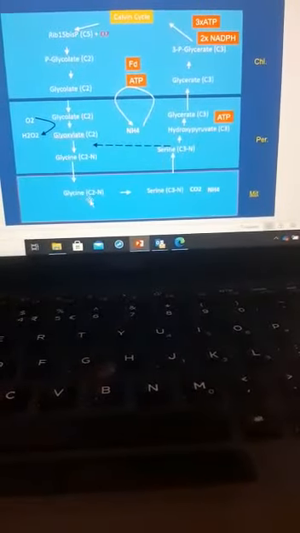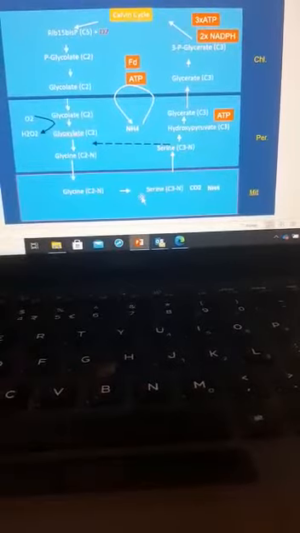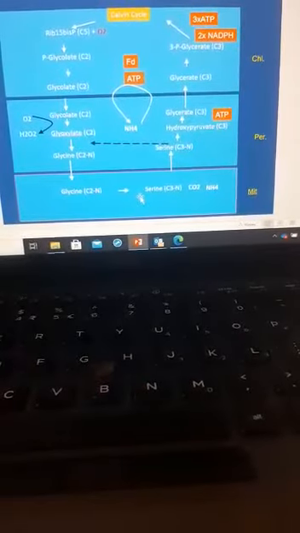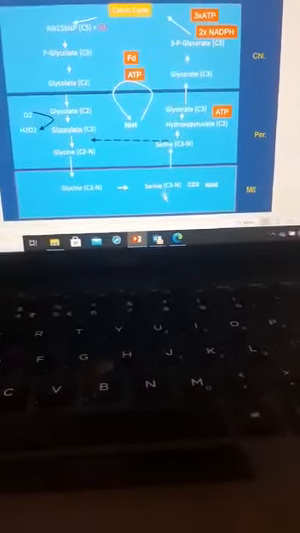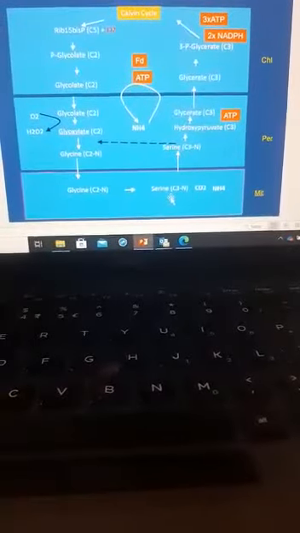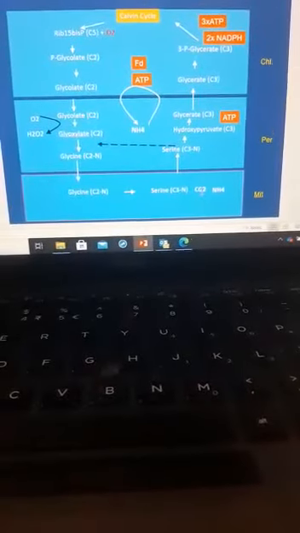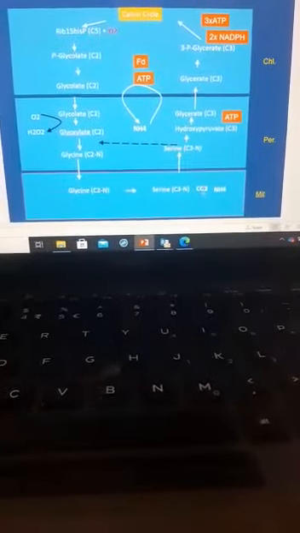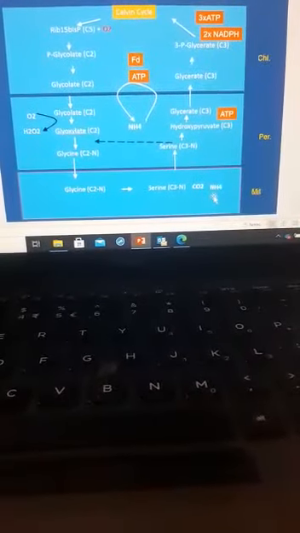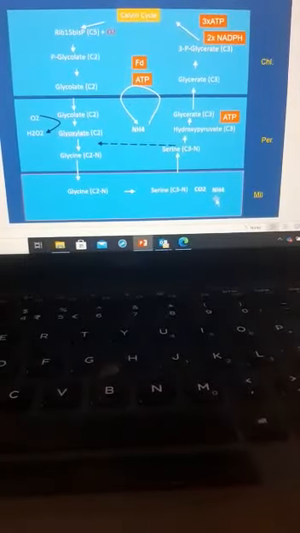And this reaction will yield an amino acid called serine. And as part of the byproducts that are released, carbon dioxide is part of that byproduct. Ammonia is also part of that byproduct.